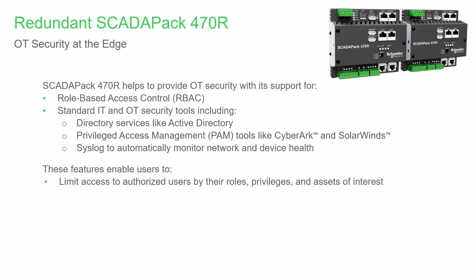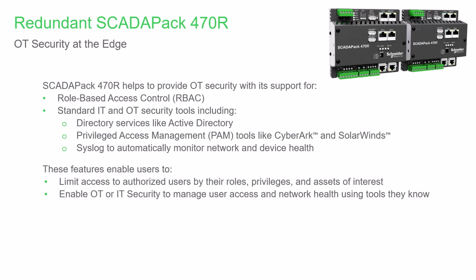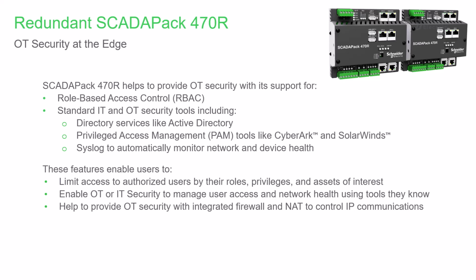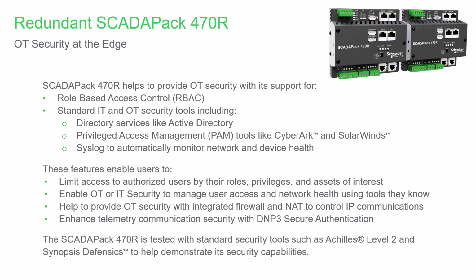These features enable the user to limit access to authorized users while specifying their roles, privileges, and assets of interest, enable OT or IT security to manage user access and network health using tools they know, help to provide OT security with an integrated firewall as well as NAT to control IP communications, and enhance telemetry communication security with DNP3 secure authentication. The SCADAPack 470R is tested with standard security tools such as Achilles Level 2 and Synopsys Defensics to help demonstrate its security capabilities.